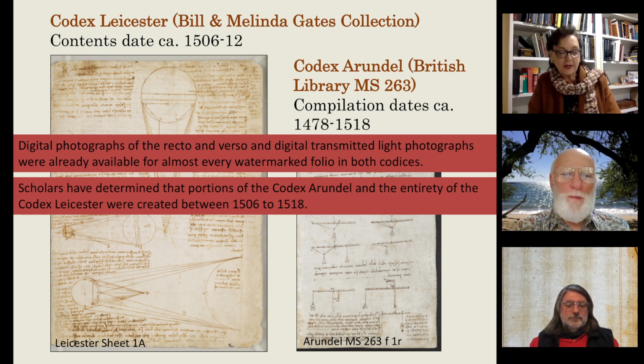This is bolstered by the fact that the two notebooks share 39 examples of only 3 watermark types: the Cardinal's hat, the flower, and the eagle, all of which you have just seen.